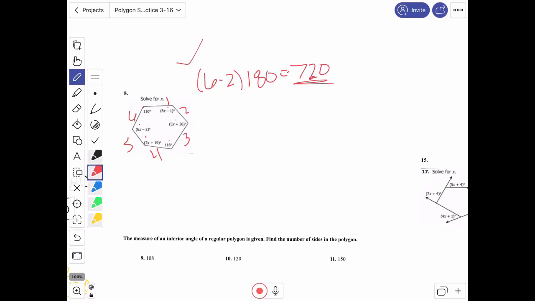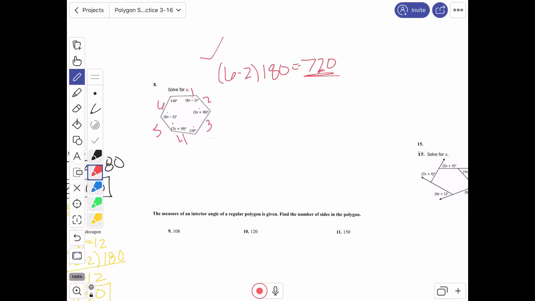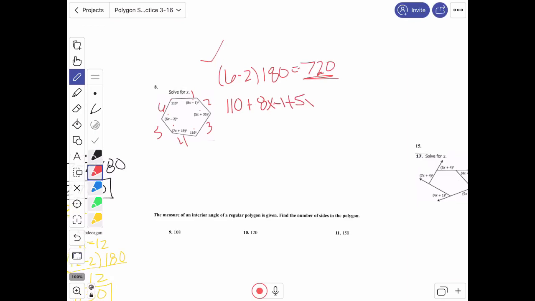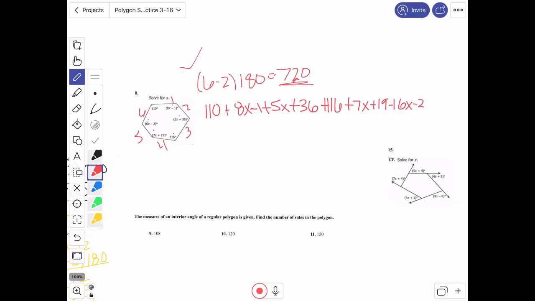So that's what I'm going to do. I'm going to add them all up real fast. Hopefully I have enough room. Equals 720.